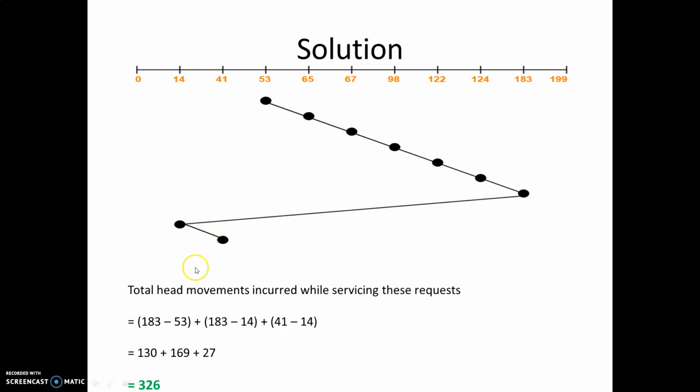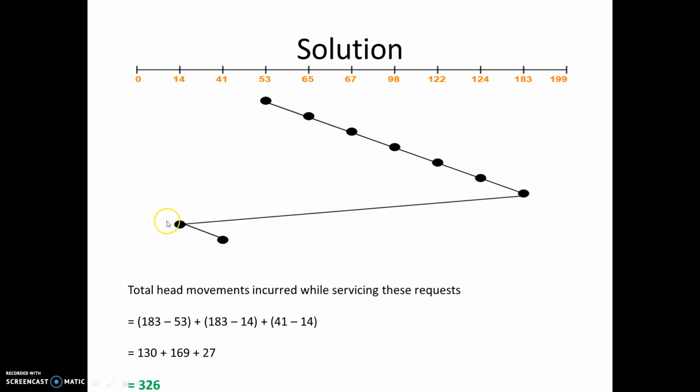Then how are we going to calculate the total number of head movements? Directly, it is 183 minus 53. Another additional parameter over here is 183 minus 14.